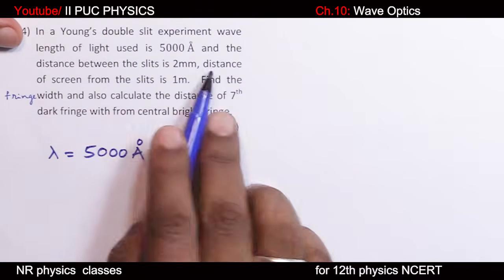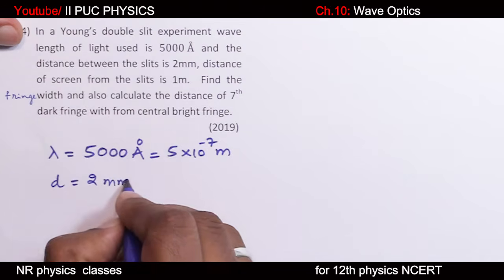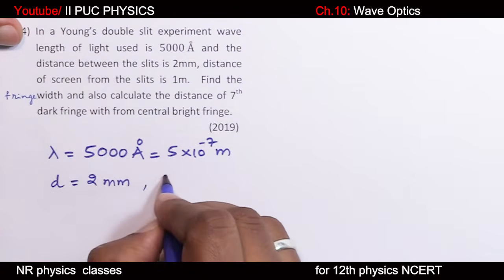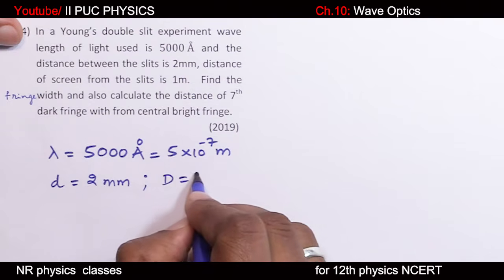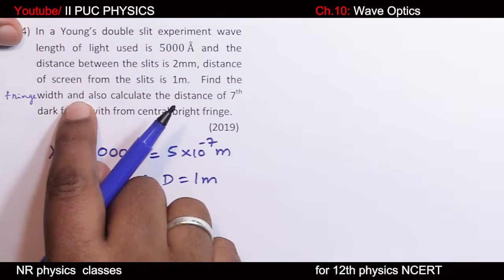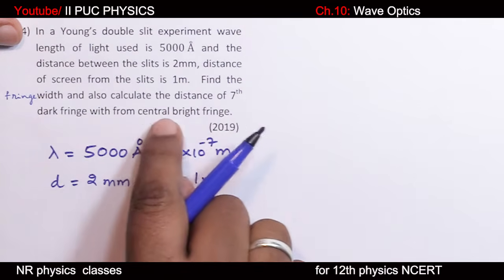Distance between the slits is 2 millimeter, small d equal to 2 millimeter. Distance of the screen from the slits, capital D, equal to 1 meter. Find the fringe width and also calculate the distance of the second dark fringe from the central bright.